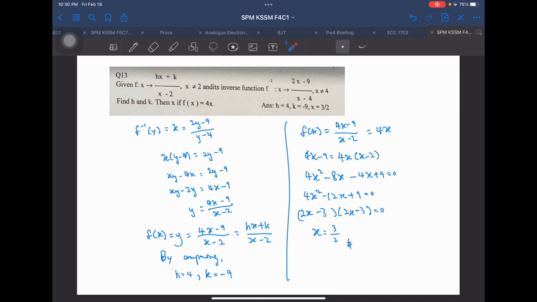Okay, so now how to find back the f(x)? Okay, so you let f inverse of y equals x, you sub y into the inverse function, so you got this, and then you move around so that y is in terms of x.